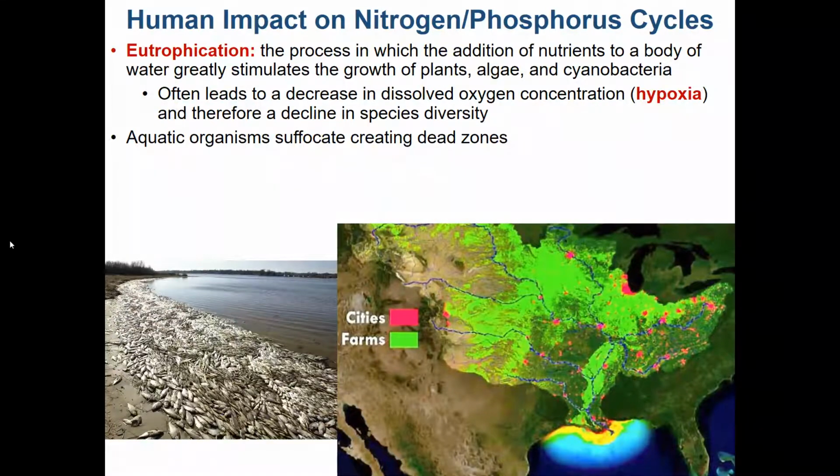The added nutrients lead to a great increase in the populations of algae and cyanobacteria in a process called eutrophication. These algal and cyanobacterial masses grow exponentially because of the added nutrients they have to feed on.